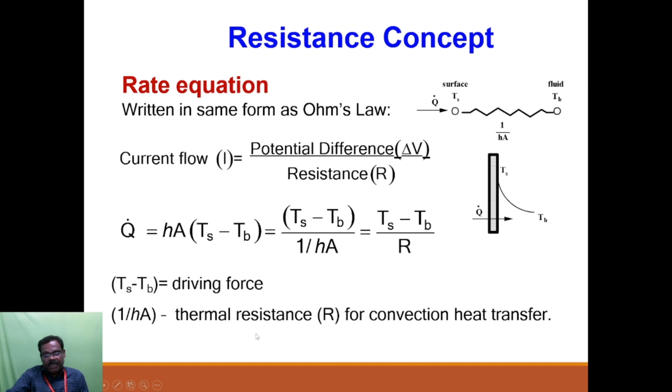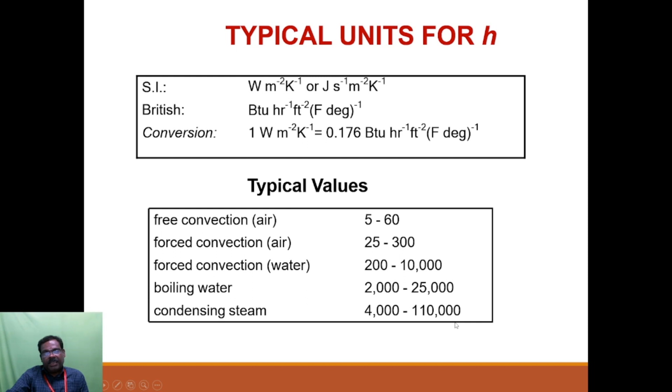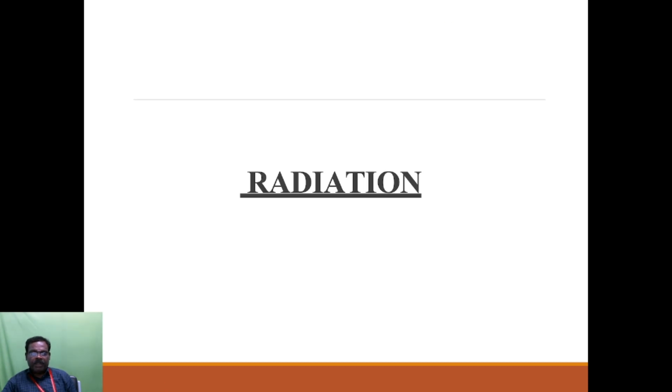This is the thermal resistance for convective heat transfer. The unit, as I already told you, is watts per meter square Kelvin. So typical values for convection are here. What is the unit? Watts per meter square Kelvin.